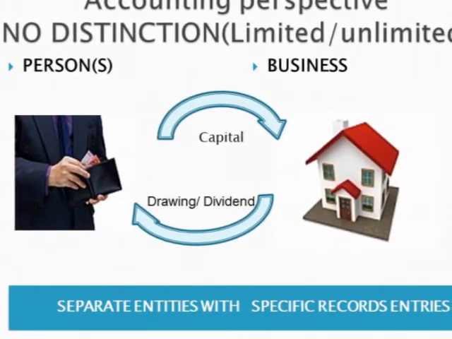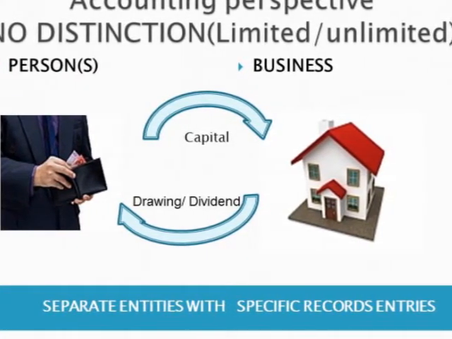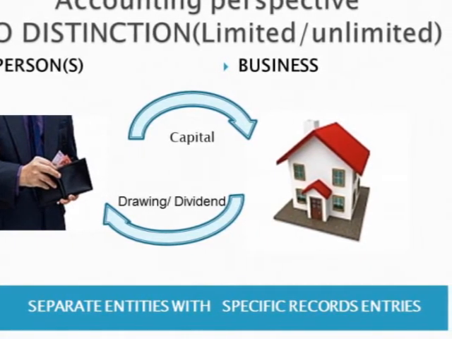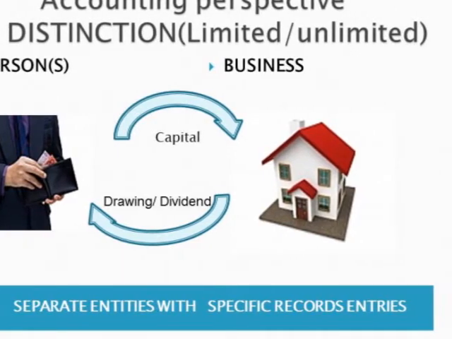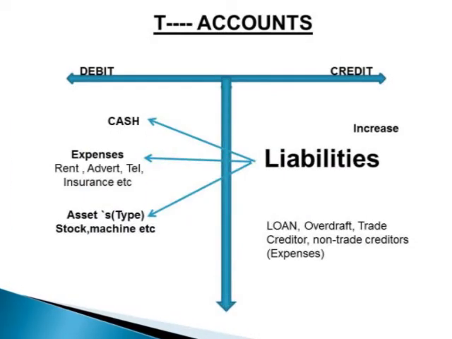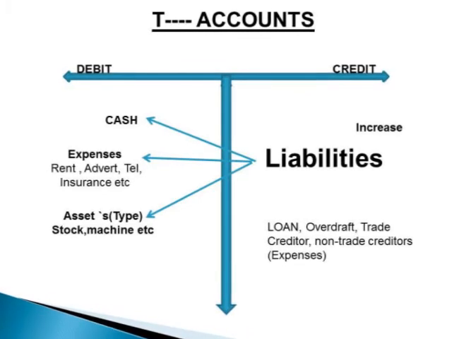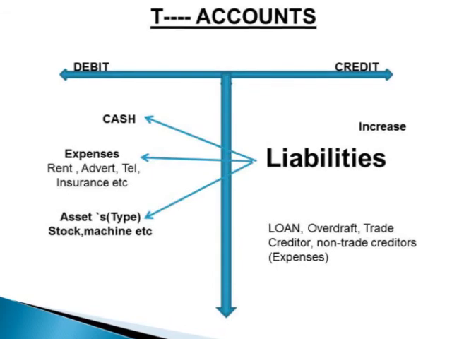Note that the business and the business owner in an accounting viewpoint are regarded as two separate entities, and any money introduced in the business by its owner is termed capital. Likewise, any money or asset taken from the business is regarded as drawings or dividends, depending on the nature of the intake.